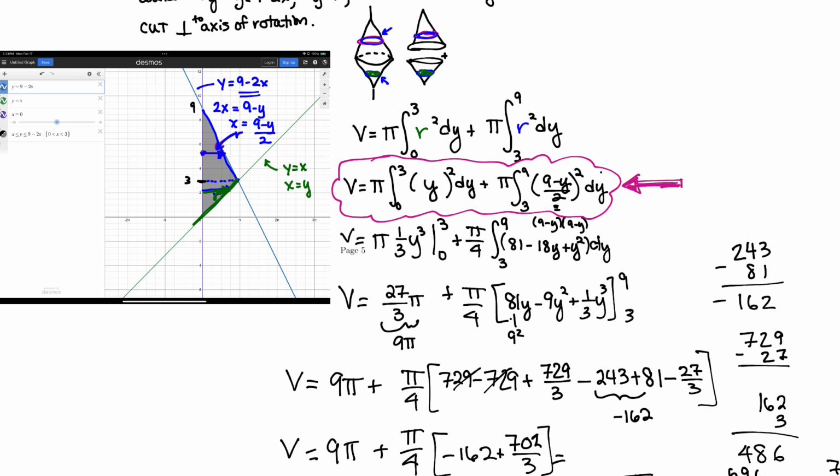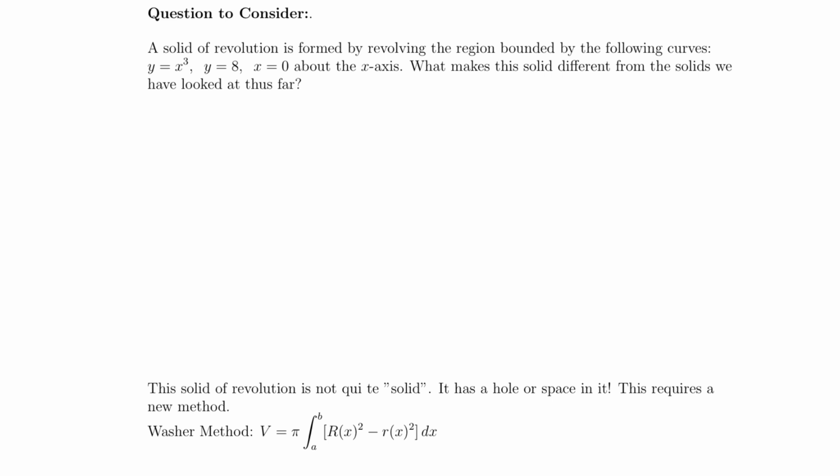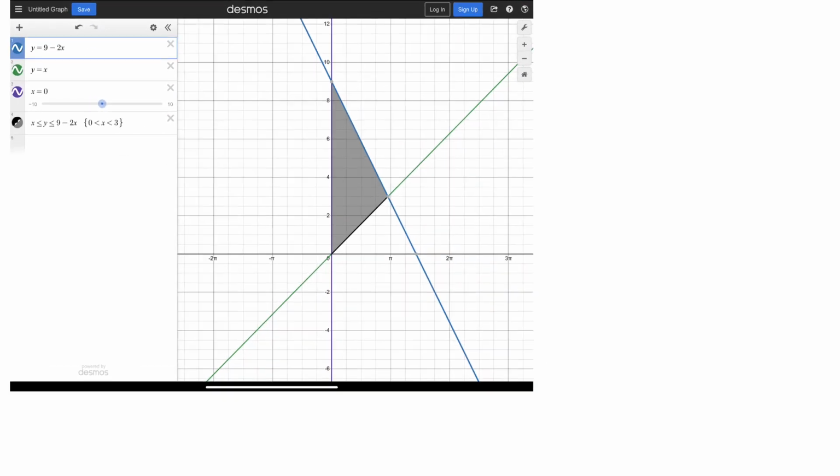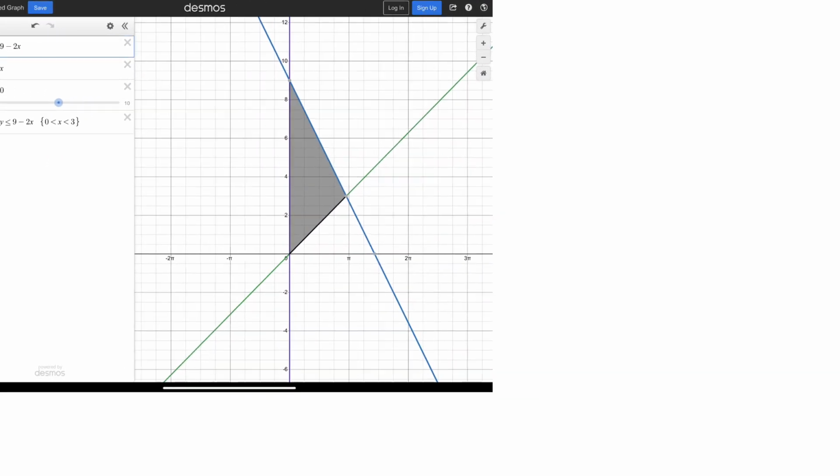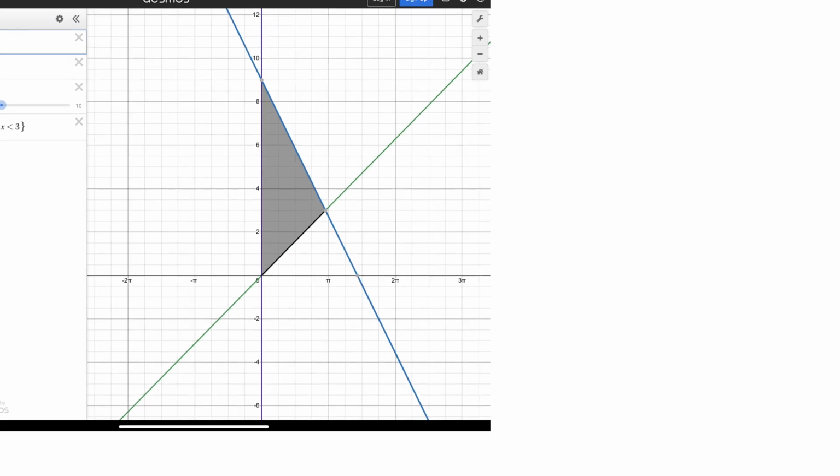So let me get a fresh screen, and let's do the same thing, but this time I want to rotate this shape, so add my saved picture, which is this one, and I want to take the same shape, bounded by the same curves, okay?